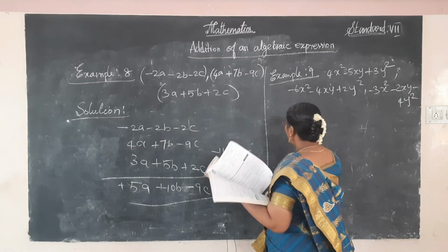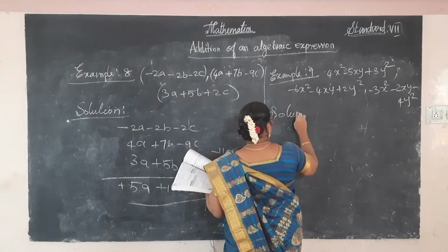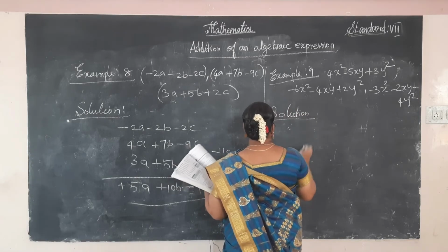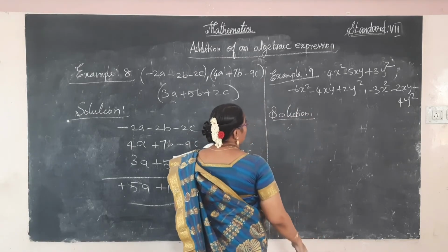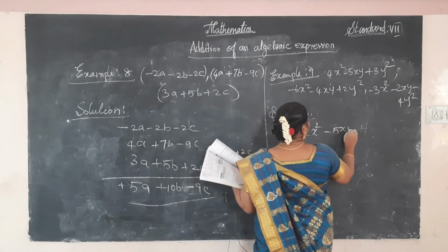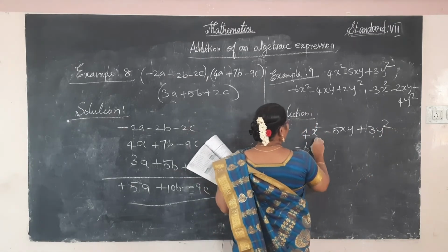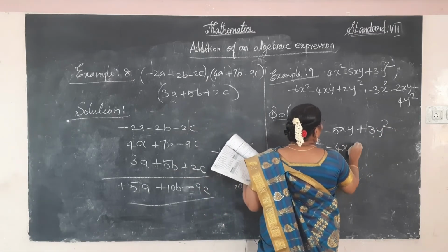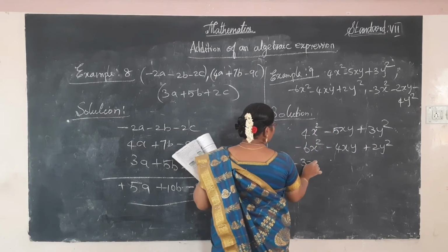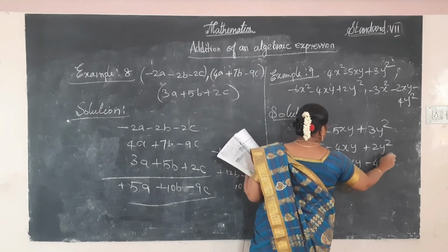We arrange the given expressions in a column: 4x squared minus 5xy plus 3y squared, minus 6x squared minus 4xy plus 2y squared, and minus 3x squared minus 2xy minus 4y squared.